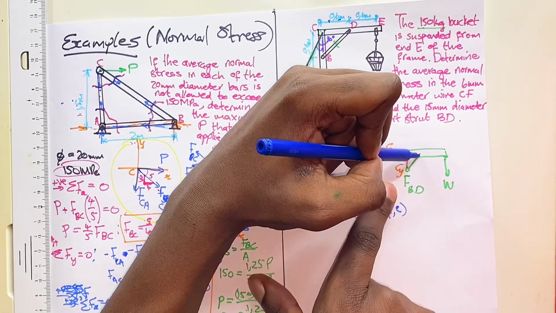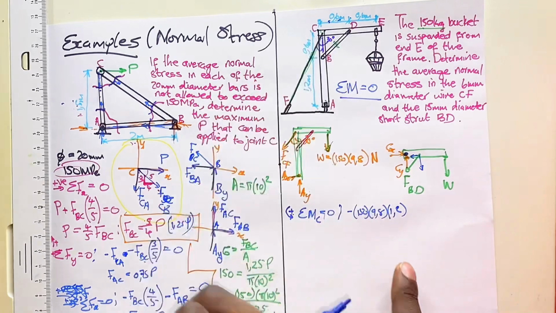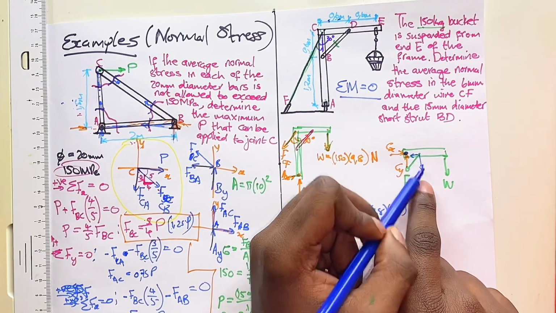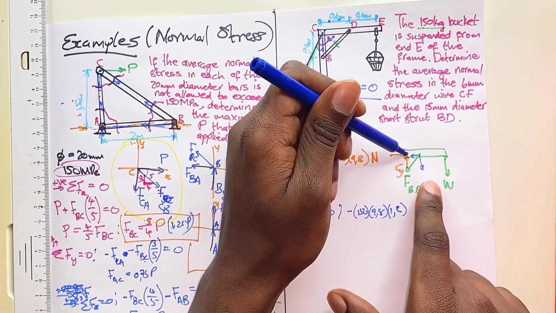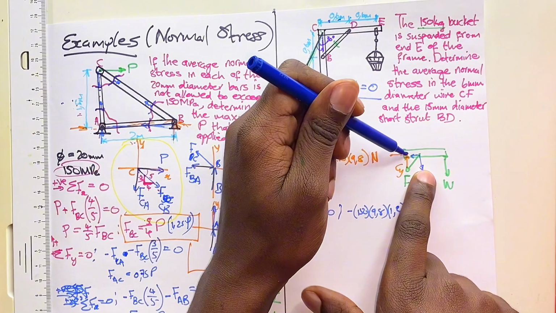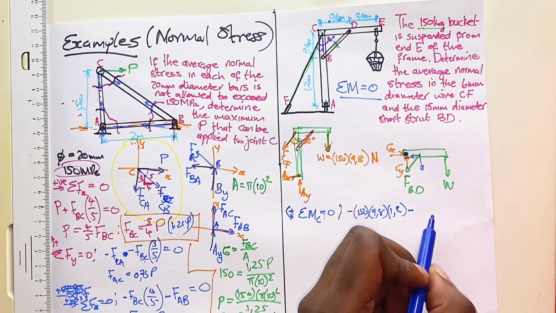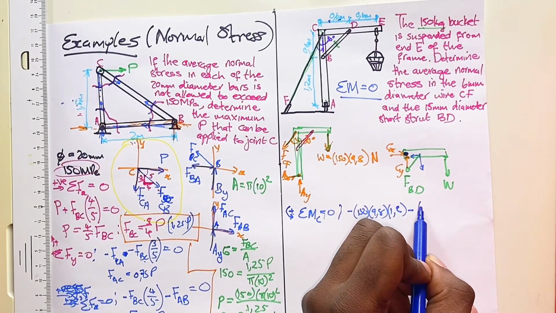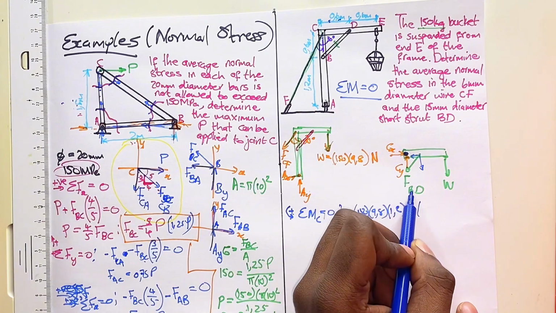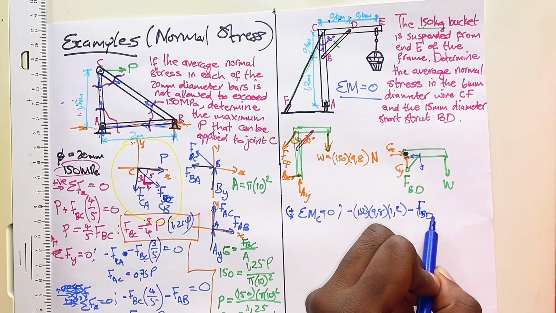Now, this strut here has components in the y direction and the x direction. Now, this component in the y direction will also try to cause a clockwise rotation about C. So it will have a negative moment. We do not know FBD, but we can try to find its component.